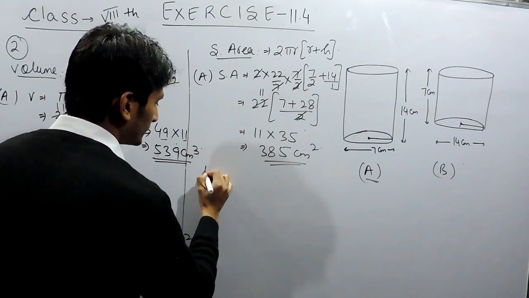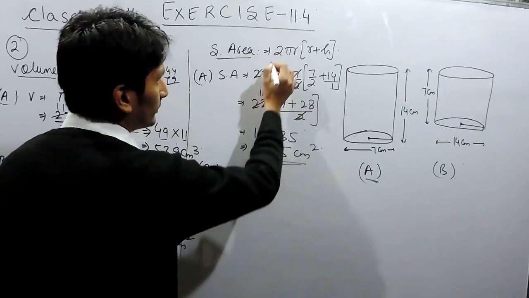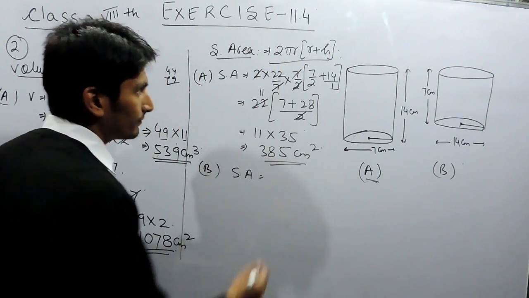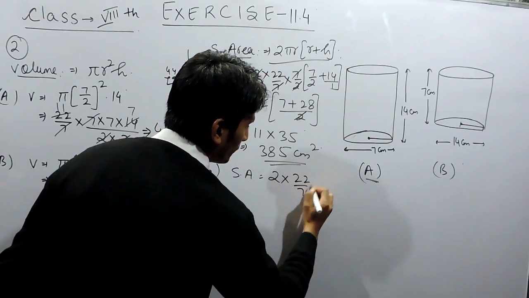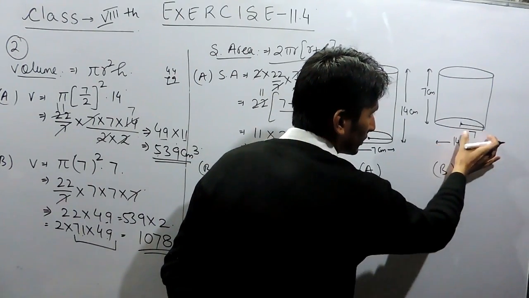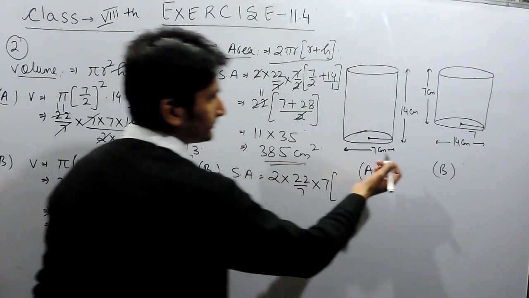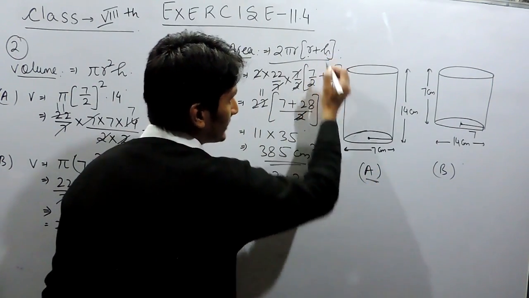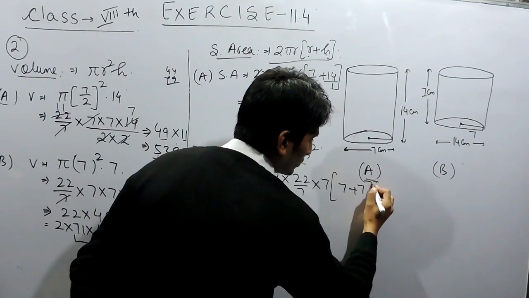Now let's calculate the surface area for cylinder B. Again the formula for the surface area will remain the same. So 2 multiplied by pi, which is 22 upon 7. For the second cylinder, the radius is 7 because the diameter is 14. So the radius will be 7. And here r plus h, the radius is 7 and similarly the height is also equal to 7.